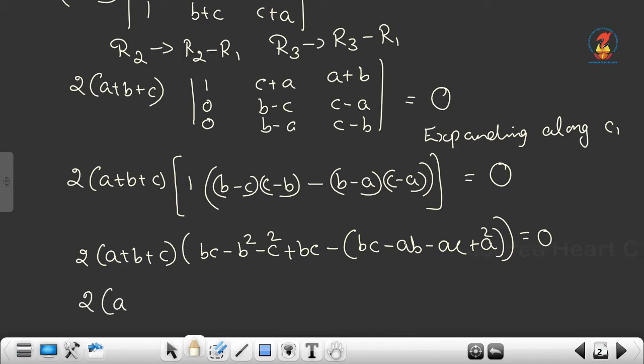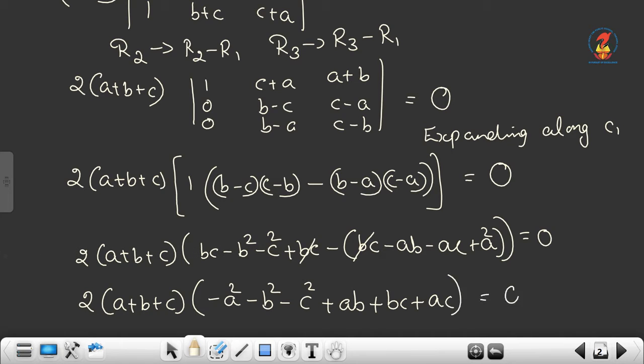That is 2 times (A plus B plus C) into, we have minus A square, writing in an order, minus B square, minus B square, minus C square. Then this BC cancelled. Then we have plus AB, then we have one BC here and plus AC.